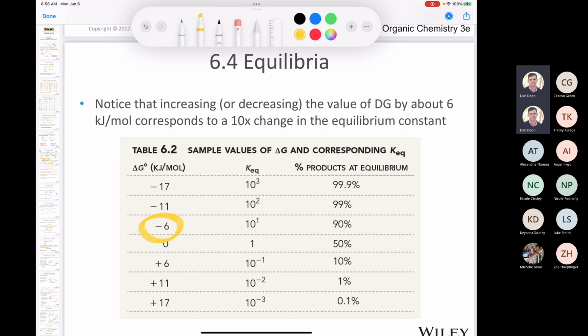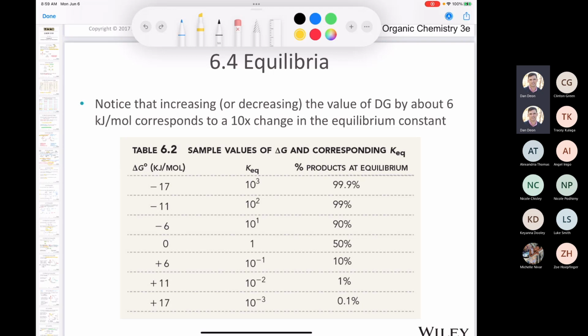So that's a pretty useful reaction. Then if you decrease that by 5 and then 6, you go from 99 to 99.99%. So small changes in free energy have huge consequences with respect to the amount of products that we can get in our reaction.